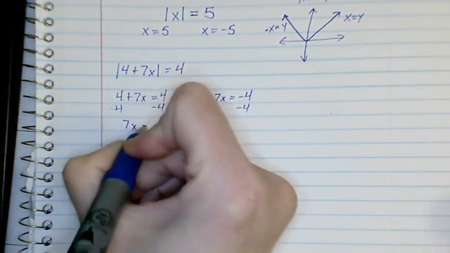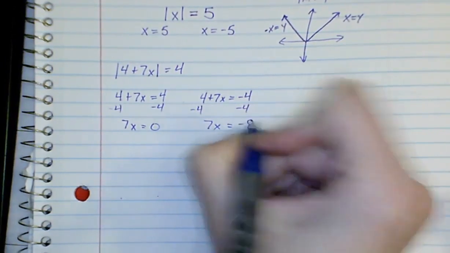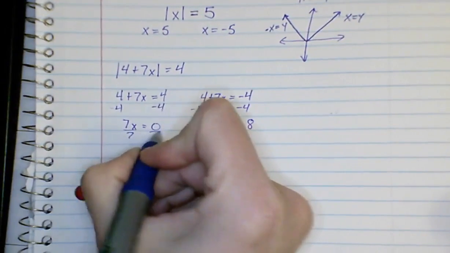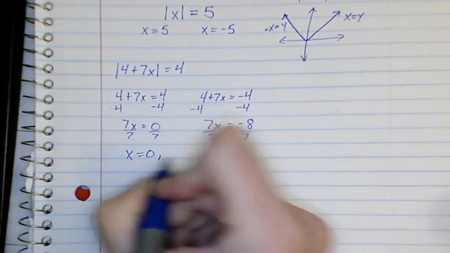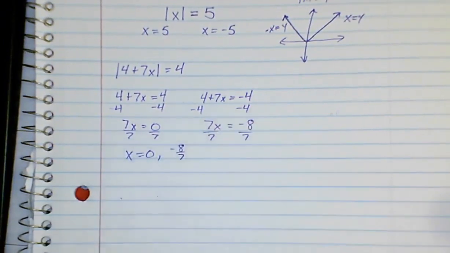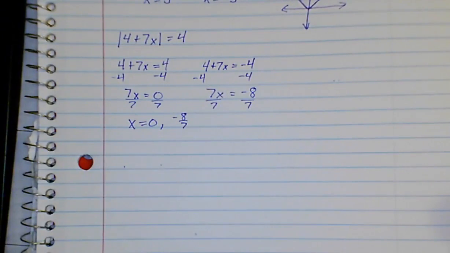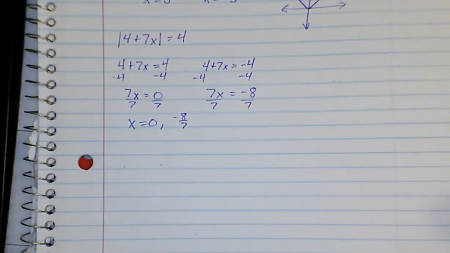All across the board, we can subtract 4, and you can work on these two one at a time or all together. It doesn't matter. So x equals 0 and negative 8 over 7. Whether we put 0 in for x or negative 8/7 for x, we will get the absolute value of 4 or negative 4, which would equal a positive 4.